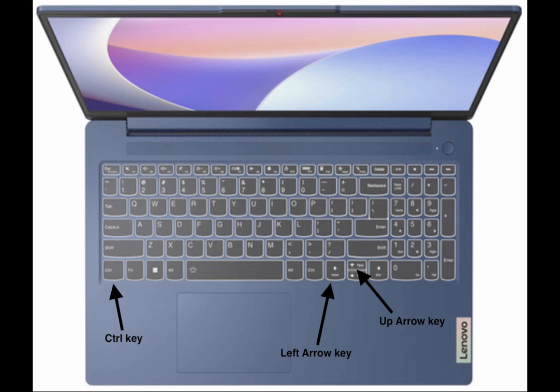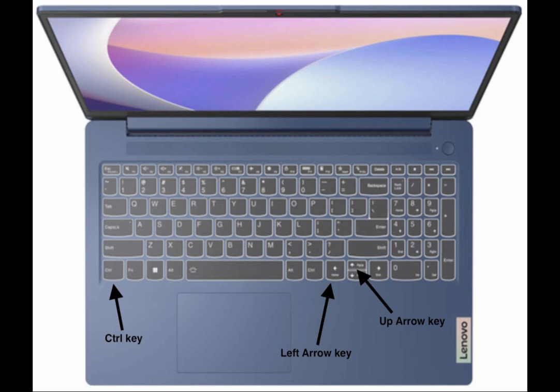First, put your left hand on the Control key, and next push the left arrow key. Don't worry about the up arrow key now, but the left arrow key on your keyboard, it might not be in the same place as my keyboard, but those two fingers pushed together highlight the yellow folder that you want to move and push the Control key and the left arrow key.